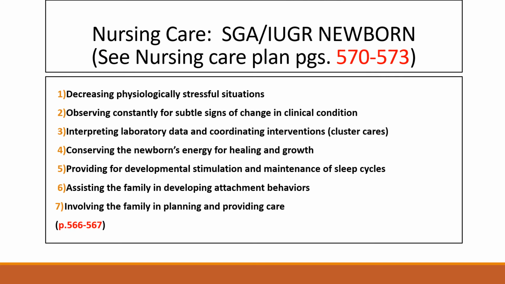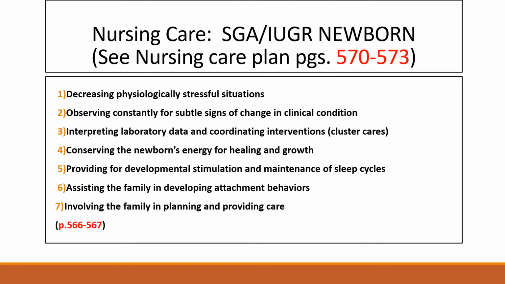So nursing care for our SGA IUGR newborns, and we can look at the nursing care plan that's included in pages 570 to 573. The most important thing that we want to do is decrease the physiological stress associated with the baby being born. So physiological stress, the environment, things like that that we can control.